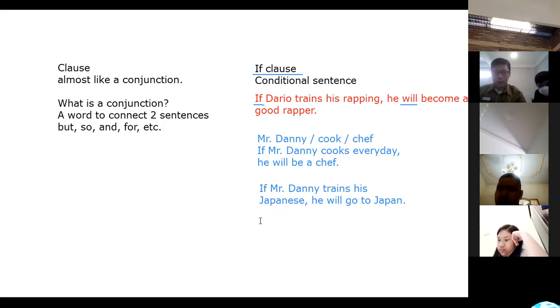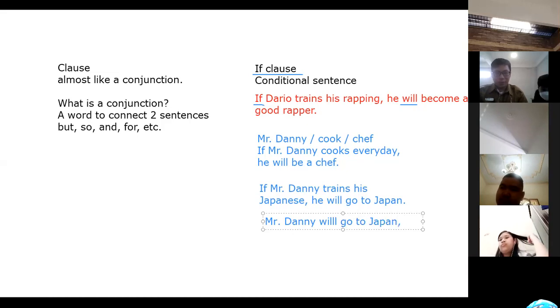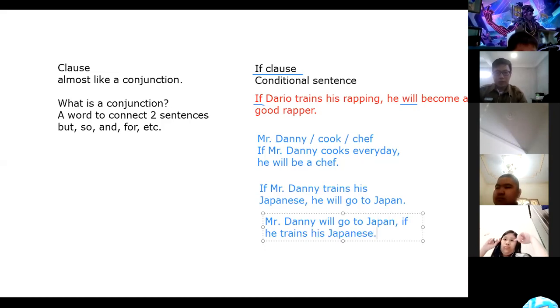That's also correct. So you don't need to use if at the front. You can also use if at the back. Mr. Dani will go to Japan if he trains his Japanese.